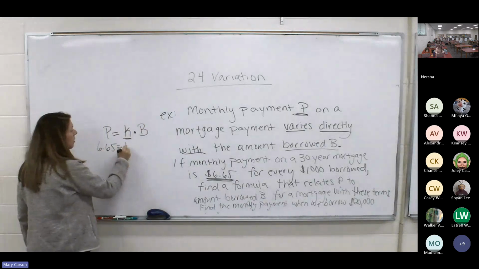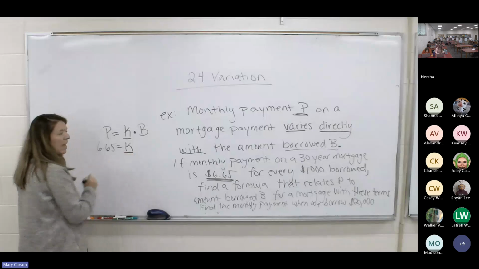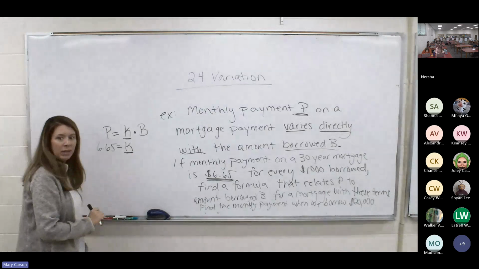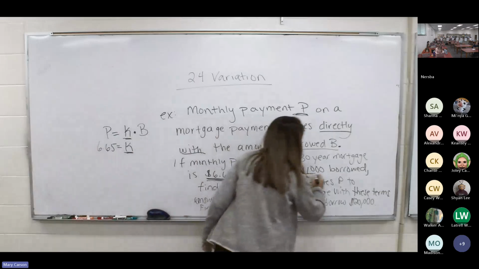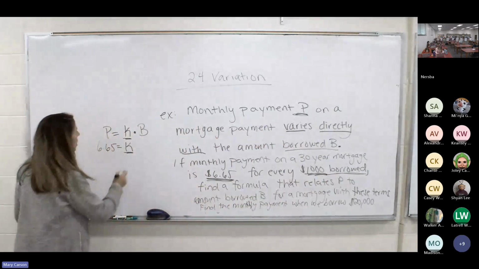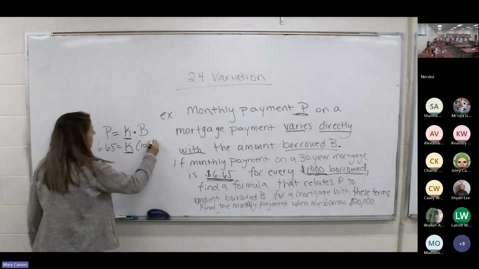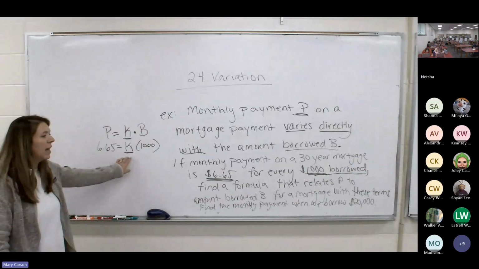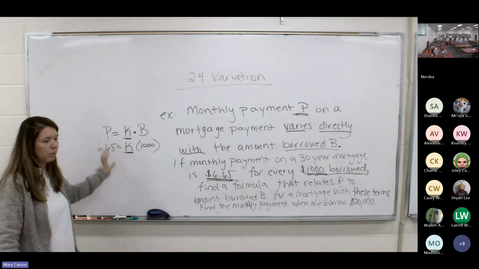The first thing we're going to find is our K value, and we know our amount B is going to be what here? For every 1,000 borrowed. So 1,000 represents our B value. And so the first thing we have to do is find our value of K once we plug it in.